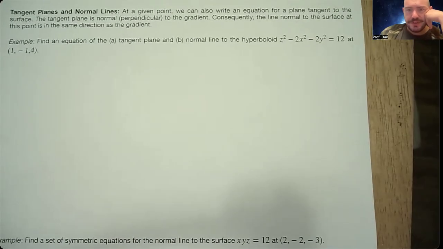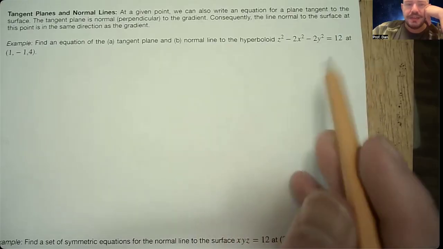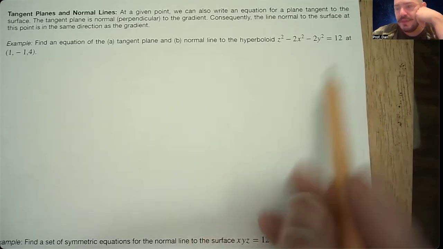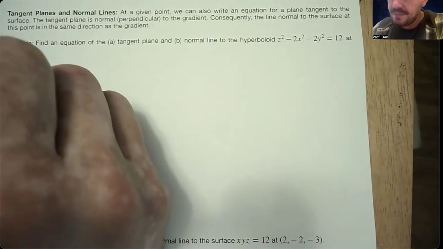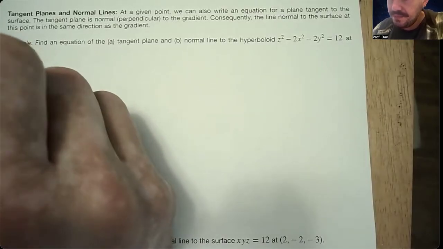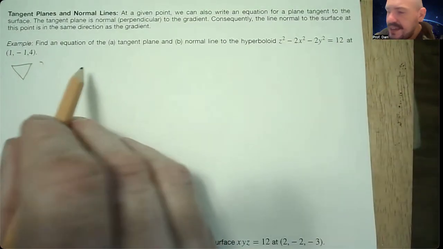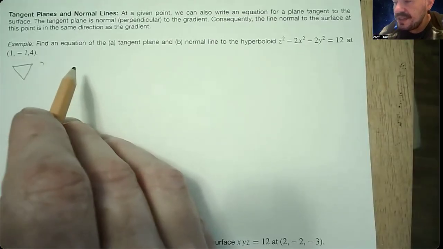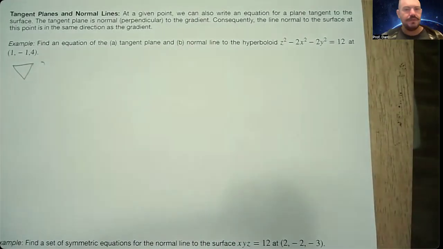So the first example, we have the equation for a hyperboloid, and we have a point. We want to find both the tangent plane and the normal line. So we'll start off by calculating the gradient of f.